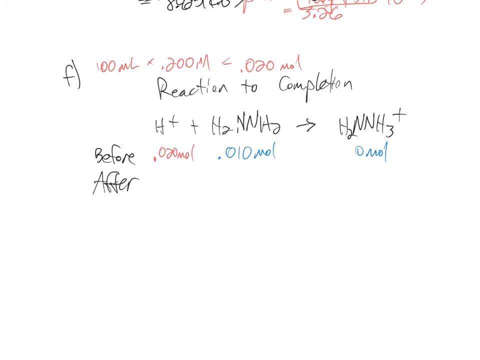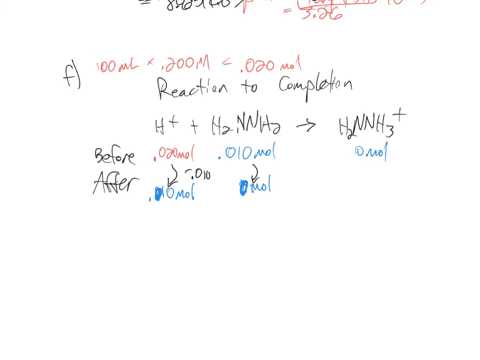Here, the initial number of moles of the strong acid is bigger than the initial number of moles of the weak base. So it's the weak base that goes down to 0 in the reaction to completion table, and the strong acid is left with 0.01.